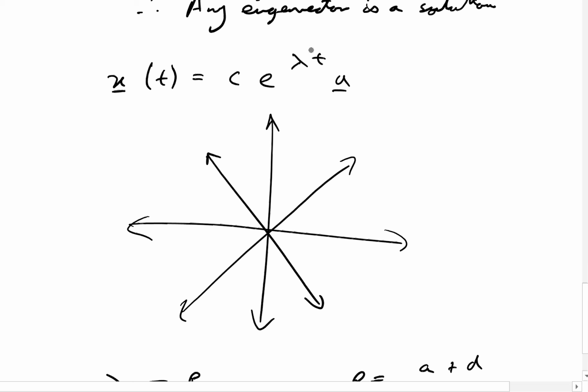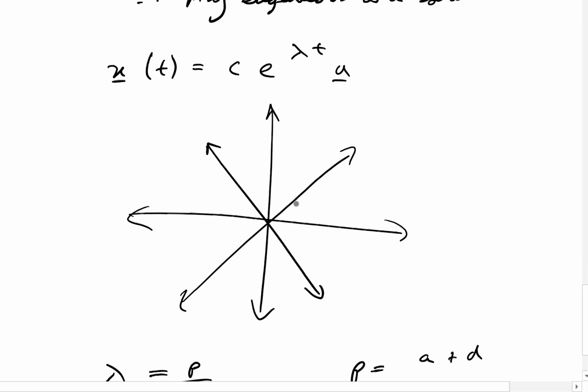So if p is positive, we've got a positive number here, which means that as we make t bigger and bigger, this whole term is just going to get bigger and bigger. So we're moving away from the equilibrium point. We're moving away from it. So we've got an unstable equilibrium point.